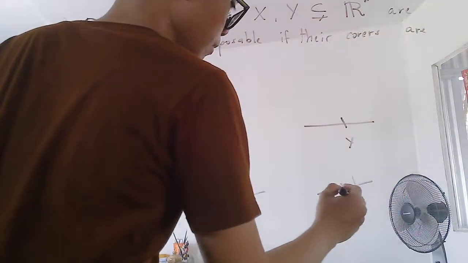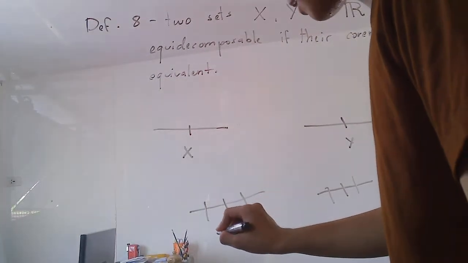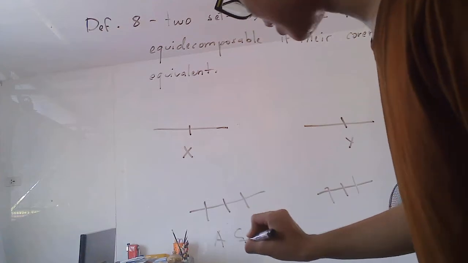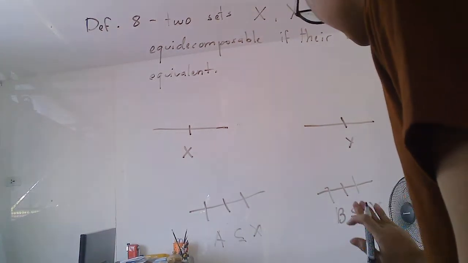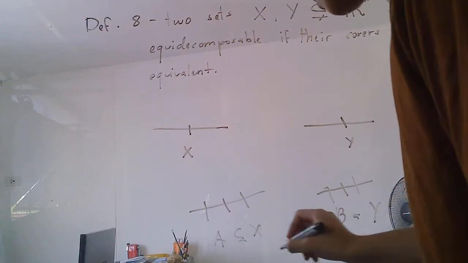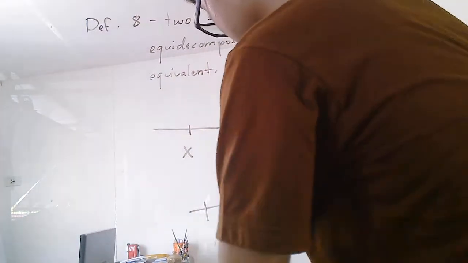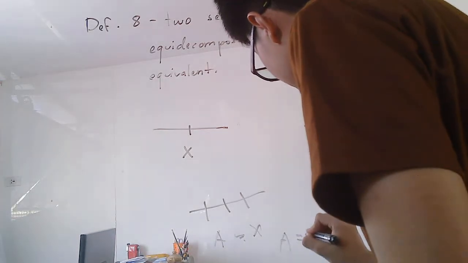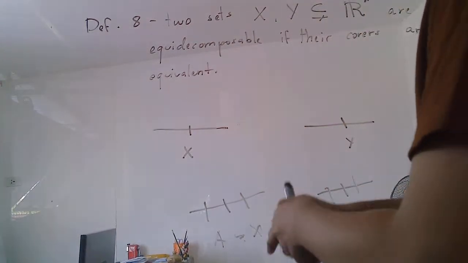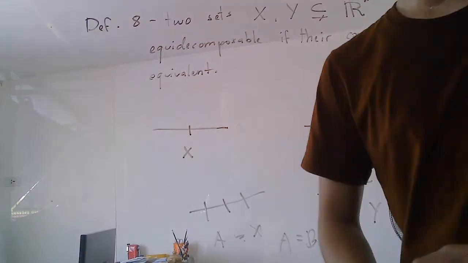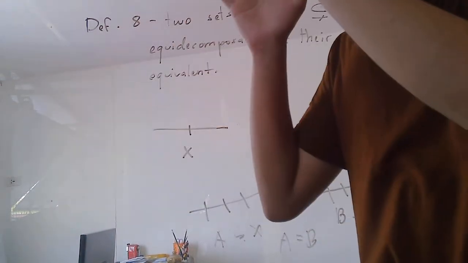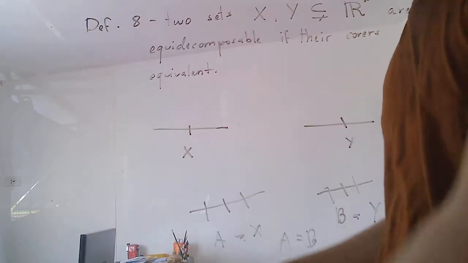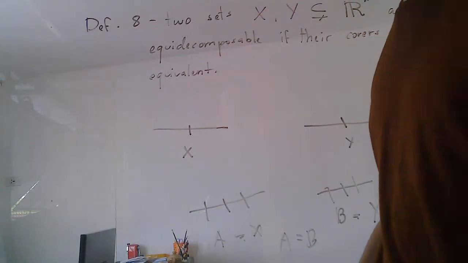If these pieces, let's say A inside X and B inside Y, or A equals X and B equals Y, if A and B are equal, then surely X and Y are the same. So if the partitions of X and Y are the same, then we are saying that X and Y are the same. Okay?